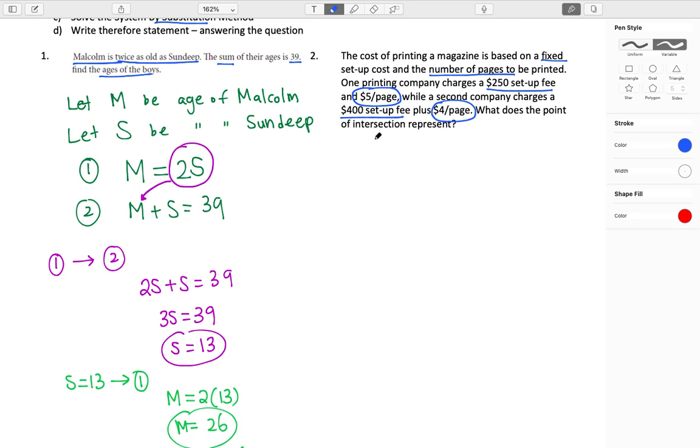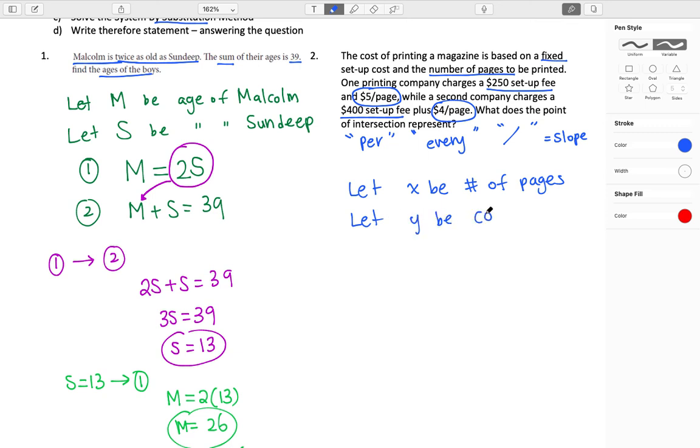Now, it looks like every time you see per or every, it pretty much represents the slope, the rate of change. So in this case, one of the variables is the pages, so we can say let x be the number of pages, and let y be the total cost, because it involves money in dollars.